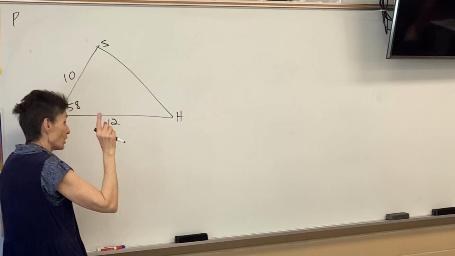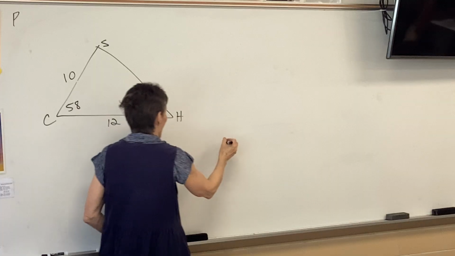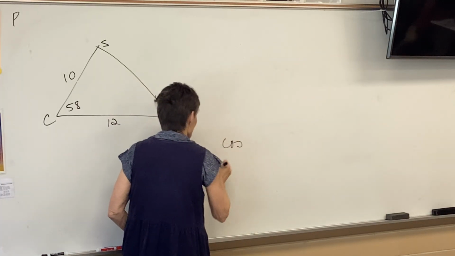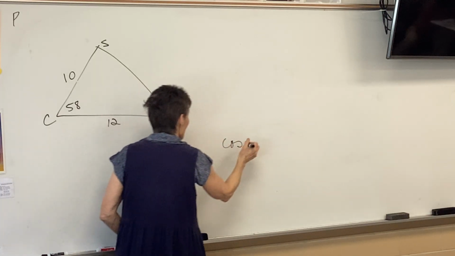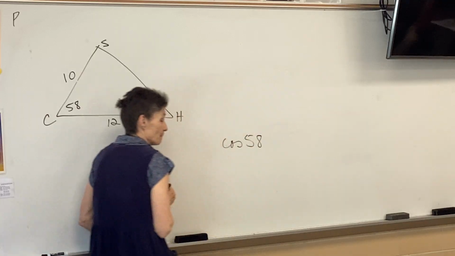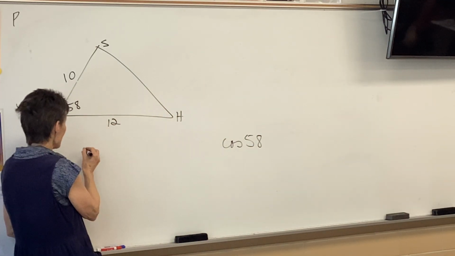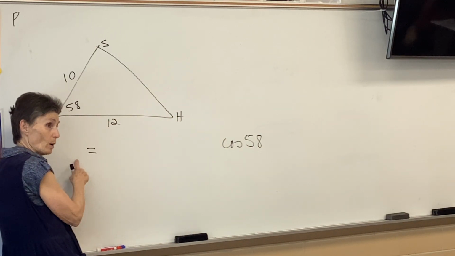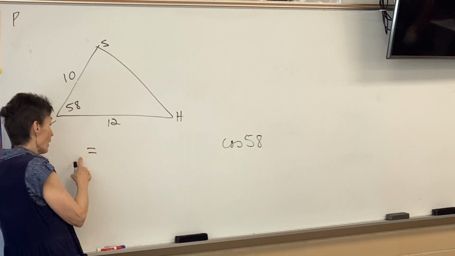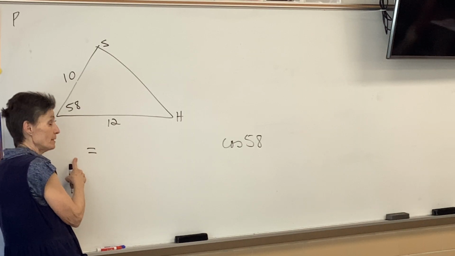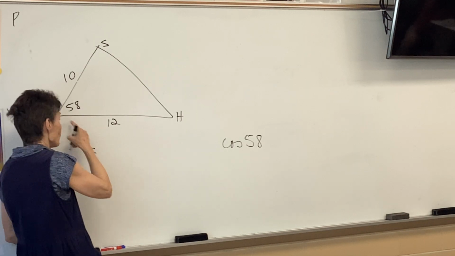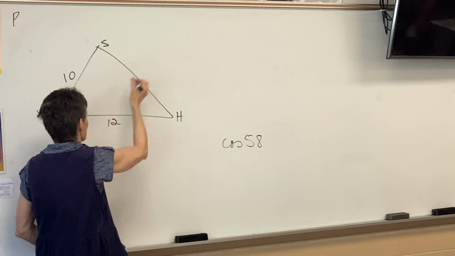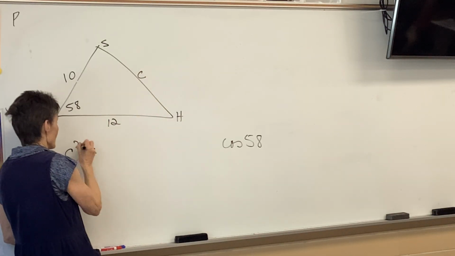When you write the law of cosines, on one end of the equation goes the cosine of that angle. On the other end of the equation goes that angle's side squared.